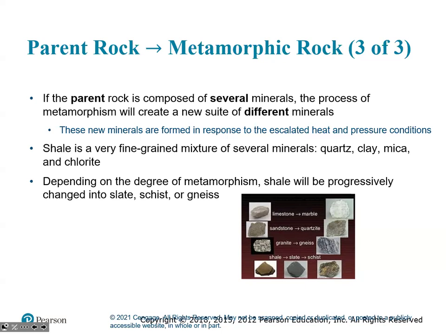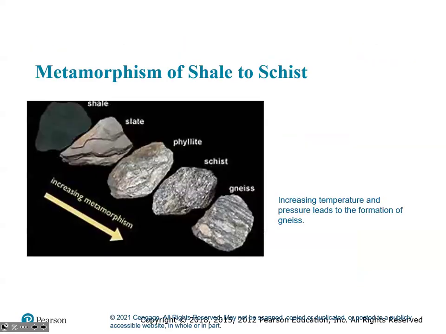And depending on the degree of metamorphism, shale will be progressively changed into slate, schist, or gneiss. So you can go from shale to slate, to phyllite, to schist, to gneiss as you increase temperature and pressure. And if you increase temperature and pressure beyond this, it would melt.